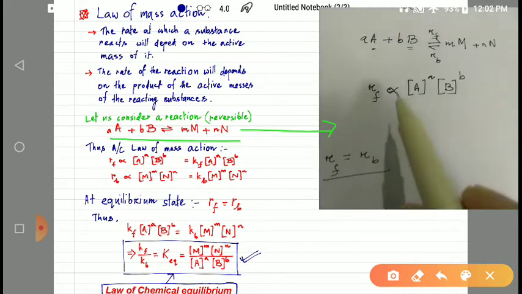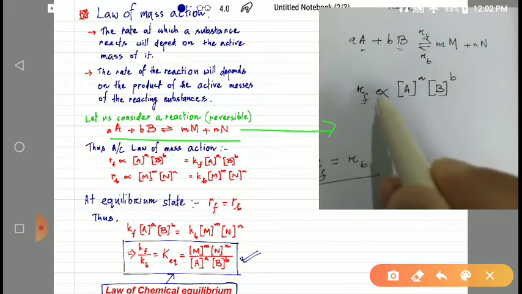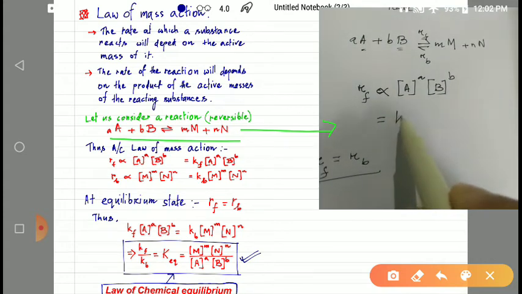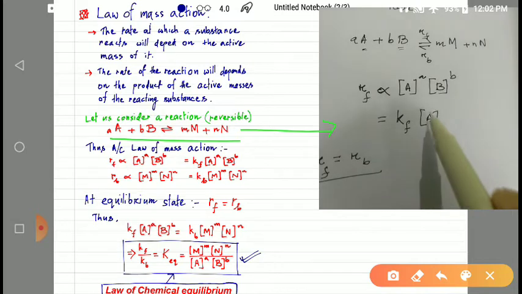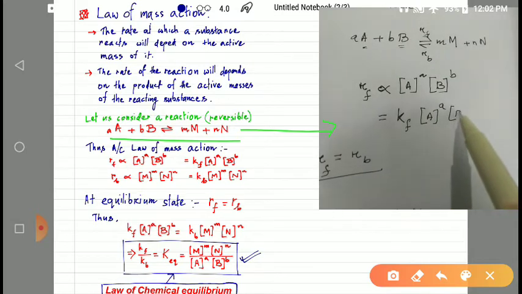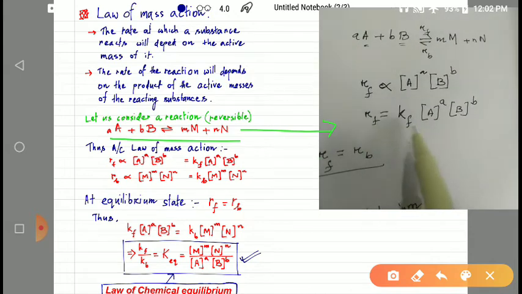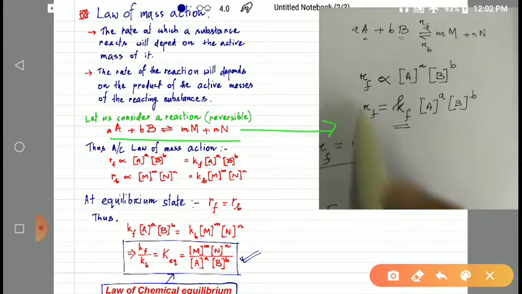This is your forward reaction rate, and since this is a proportionality sign, we can use a constant of proportionality to make it equal. So this is actually Kf, a constant, times [A]^a [B]^b, and this is Rf. Small k represents the rate constant, and this one is for the forward reaction, the forward rate constant.